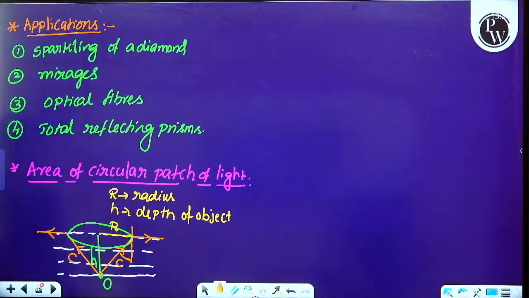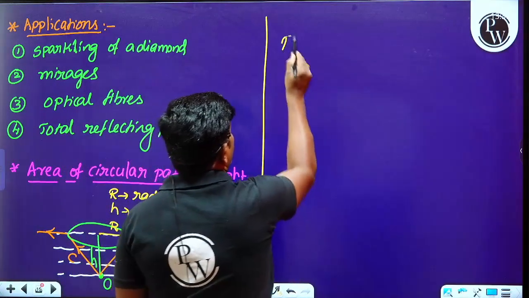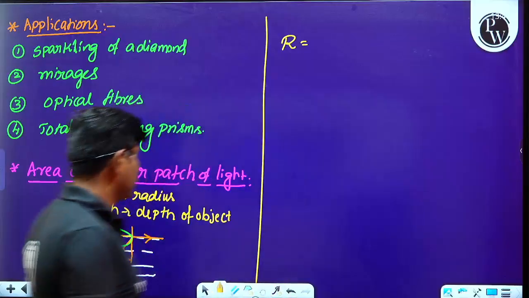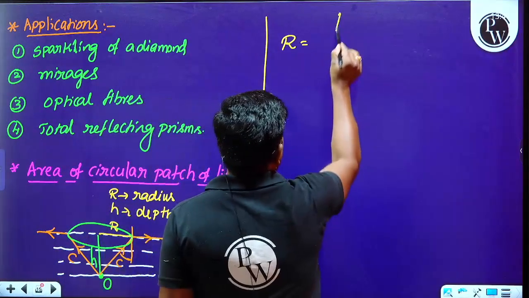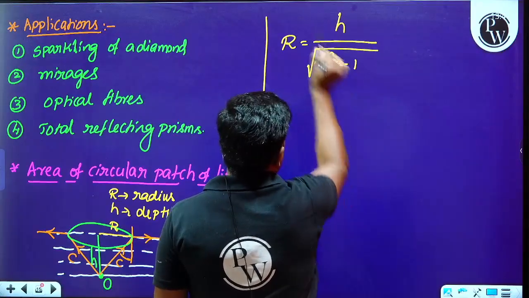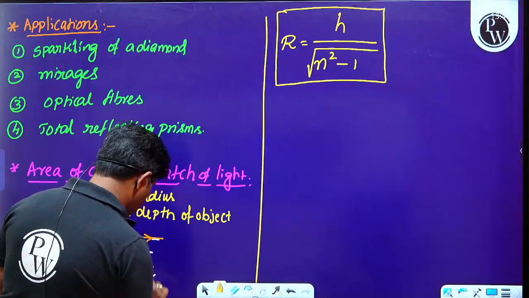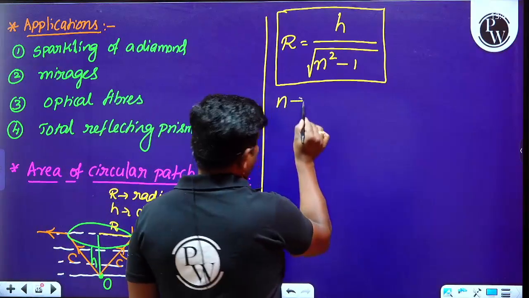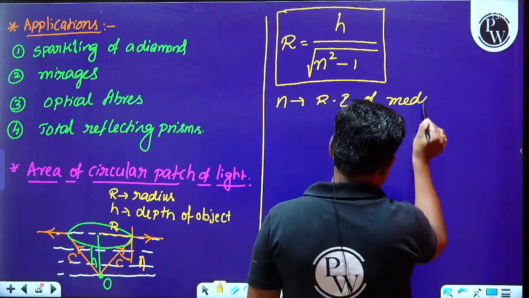Whenever we simplify, we will get the radius of the circular patch equal to h divided by root of n square minus 1. What is n here? n is the refractive index of the medium, okay.